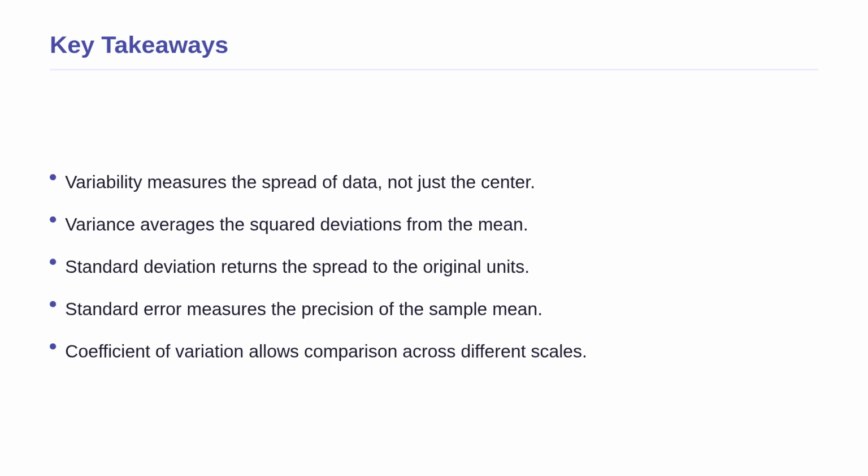We have covered a lot of ground today. Let us summarize the key takeaways. We learned that variability is essential because it tells us how spread out our biological data is, revealing the true noise and diversity. Variance provides the mathematical foundation by averaging squared deviations.